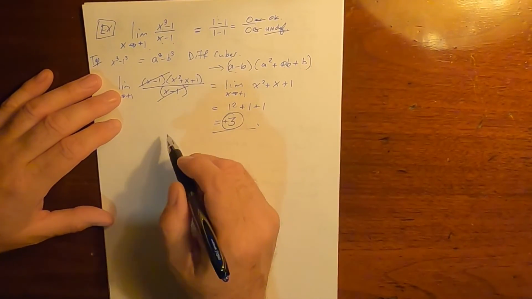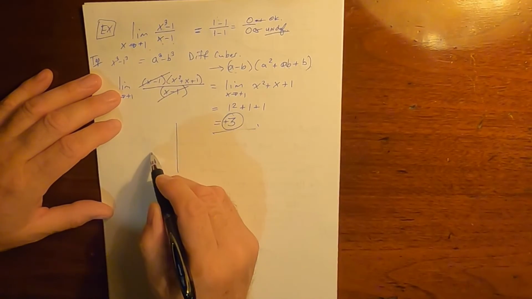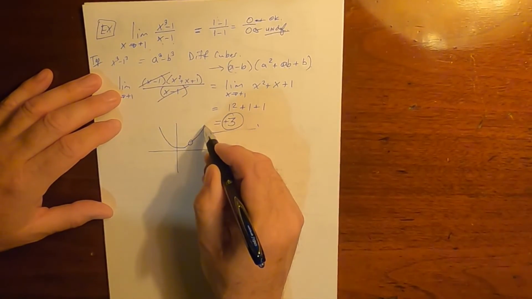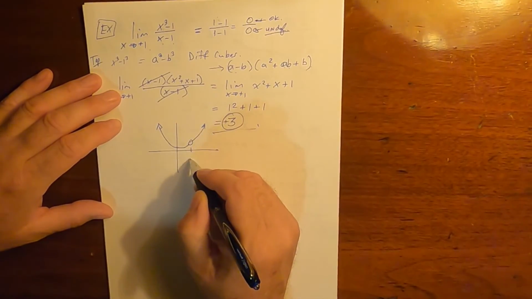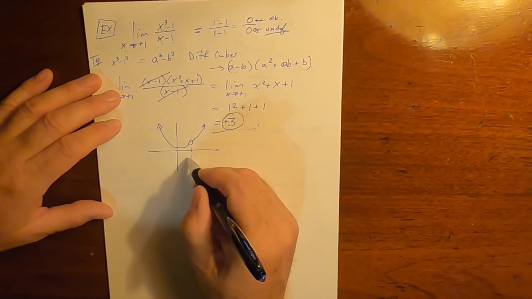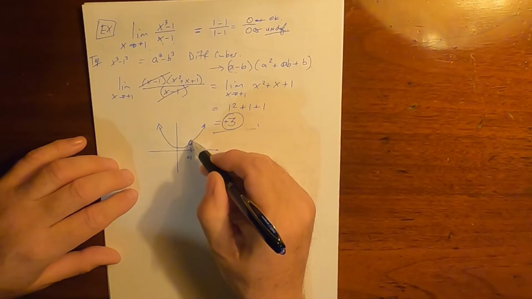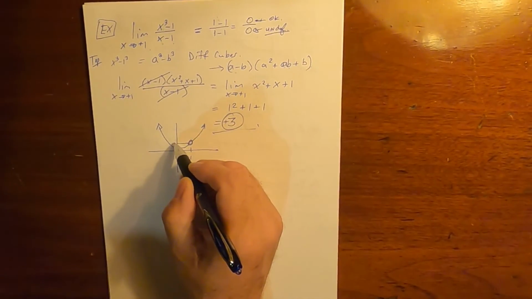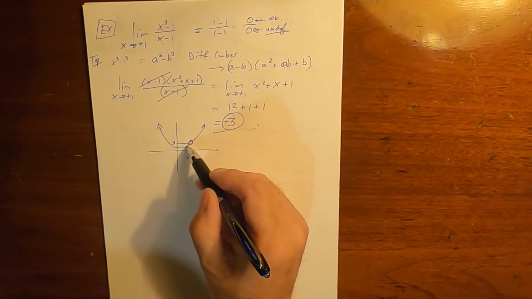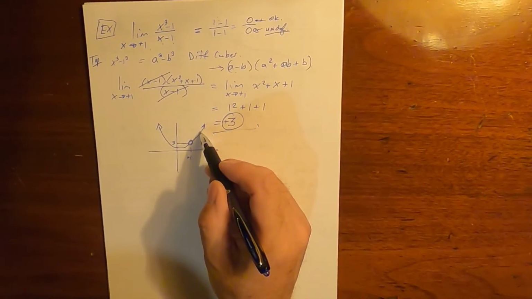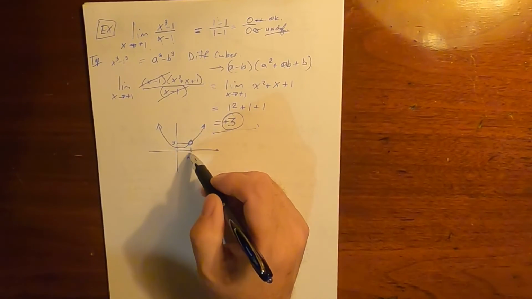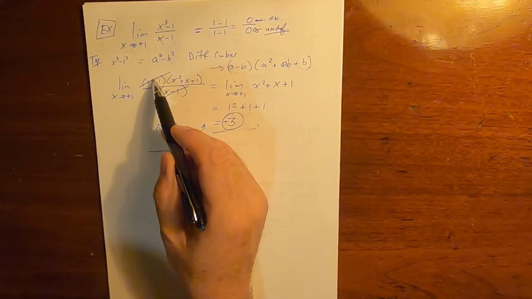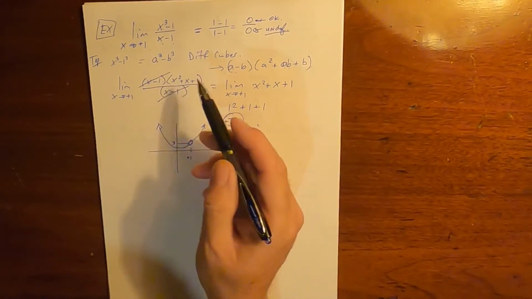So what occurred here was, if you looked at this on a graph, it would be something like this. And at this value of plus 1, there's a hole. But as I kept going from the left side and the right side, it all looks like it comes into 3. But it's missing. But I could remove that hole, as I did. I removed this by factoring it out, and what did I get?